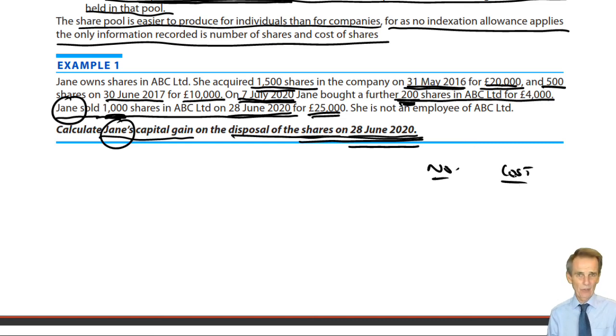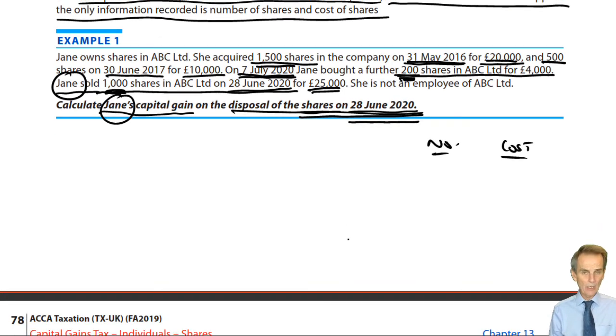You don't care what those dates are, but they were acquired prior to the disposal, so they go in the share pool. We don't need any labels on this, only if it's a Section C question, a written question, do we need to worry about our presentation and the way that we present our answer within our exam paper.